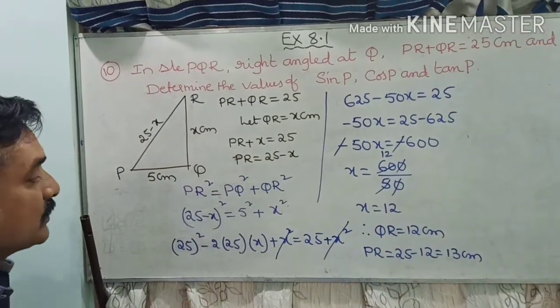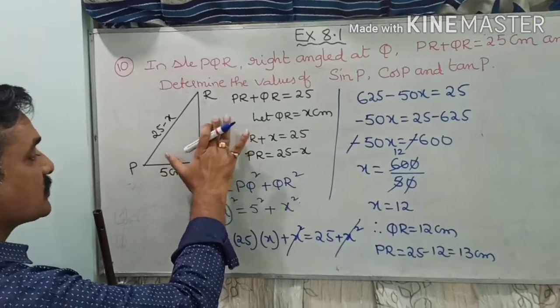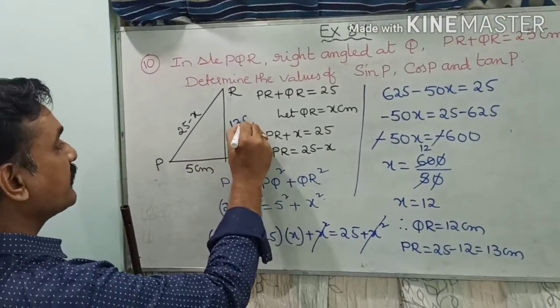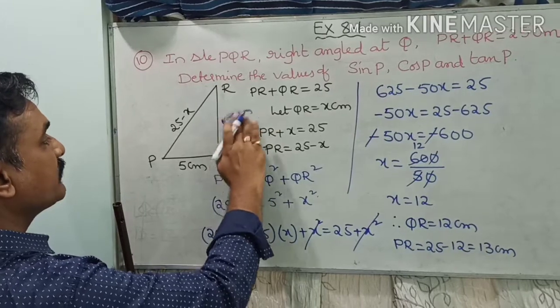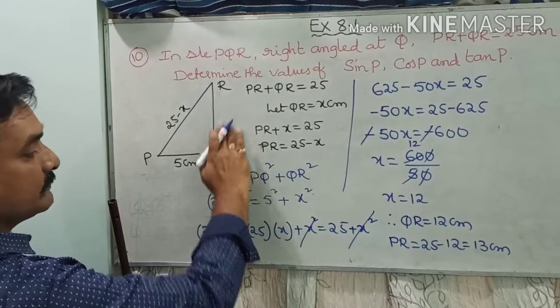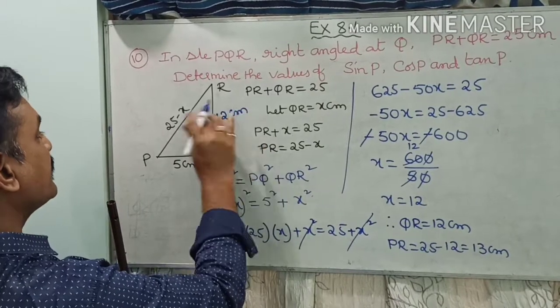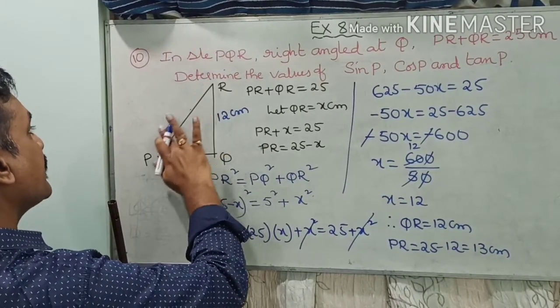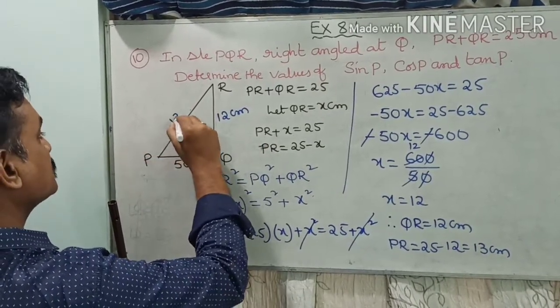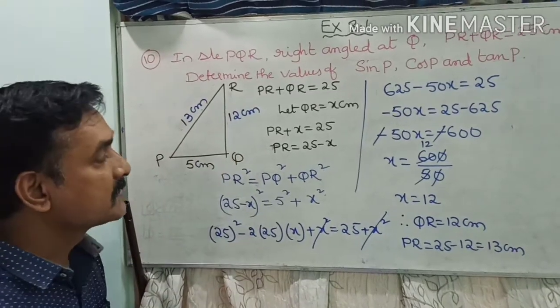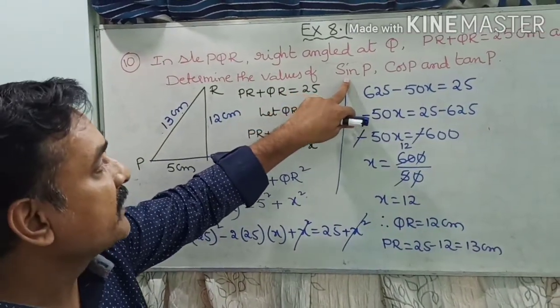Now we got the values: QR equals 12 centimeters and PR equals 13 centimeters. What values do they ask you to find in this?